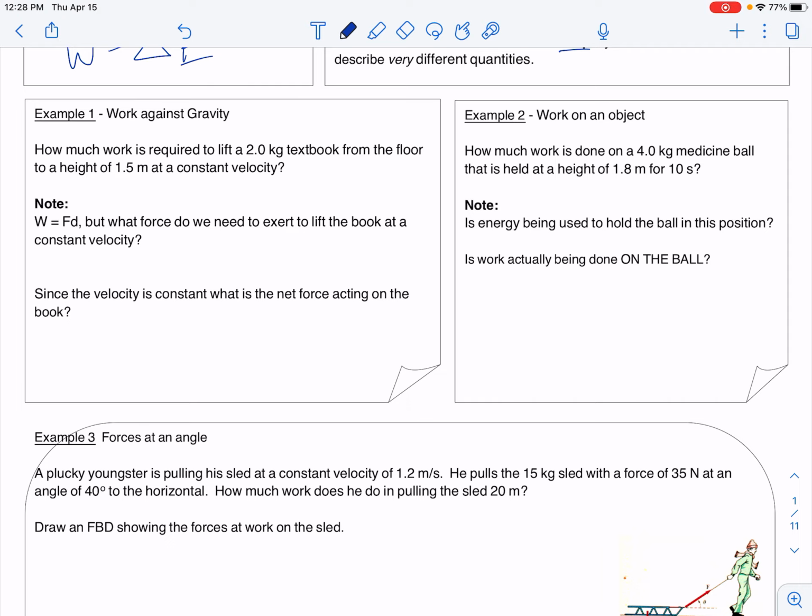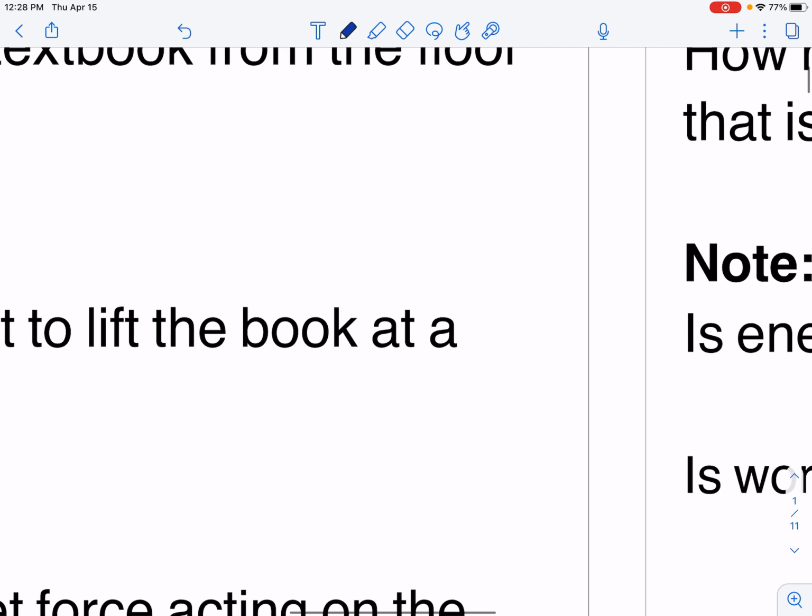For example 1, how much work is required to lift a 2-kilogram textbook from the floor to a height of 1.5 meters at constant velocity? We can visualize that problem. We have our textbook, gravity, and we're applying a force upwards.